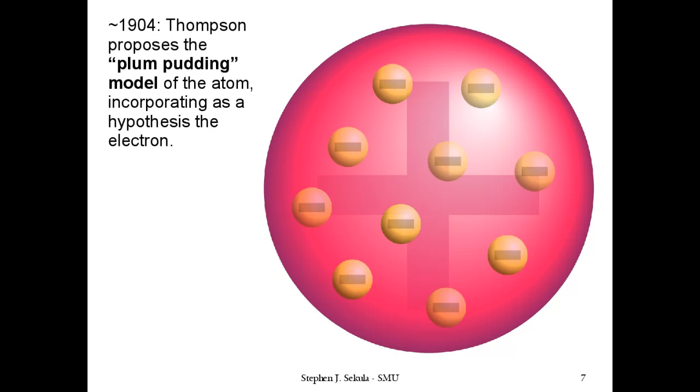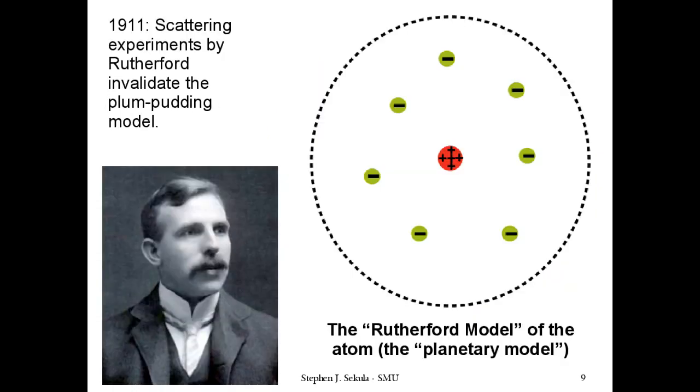Okay, well, if you have atoms and they look like this, you should be able to probe this distribution of charge. And that's exactly what Ernest Rutherford did using a series of scattering experiments using beta radiation, fast electrons, and alpha radiation, helium nuclei. So those are +2 positive charge in terms of fundamental charge.